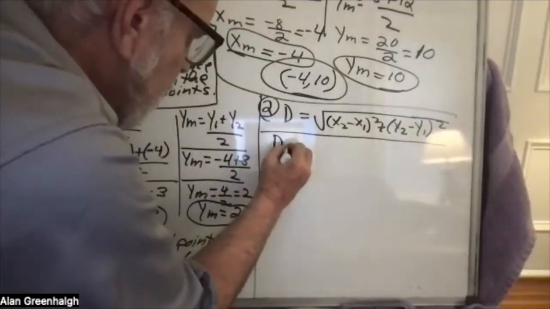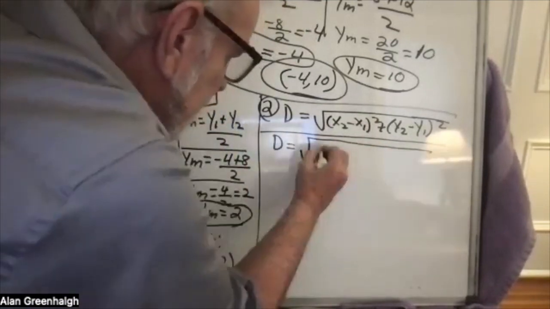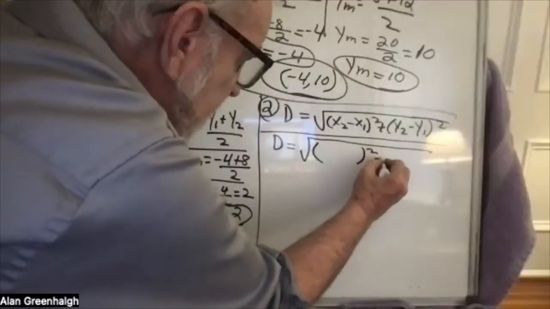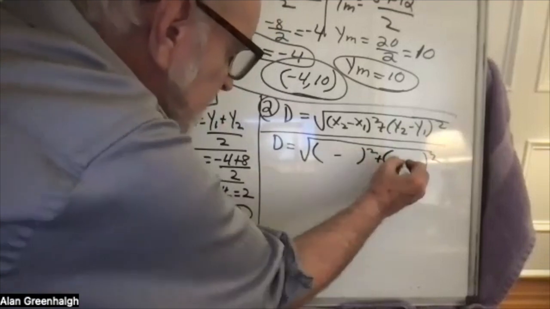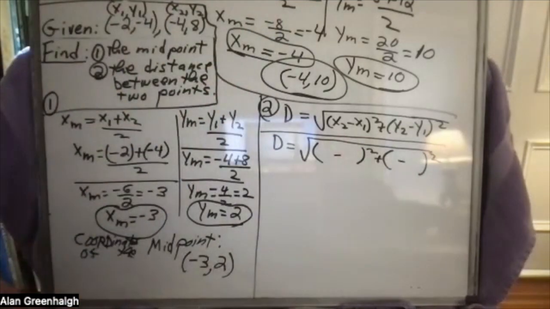So the distance formula is, and I'm kind of creating a skeletal outline of what this looks like. That's what it looks like, basically. For many people, this is the first step.